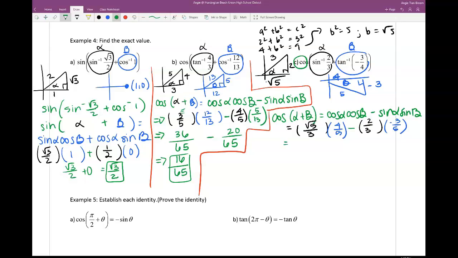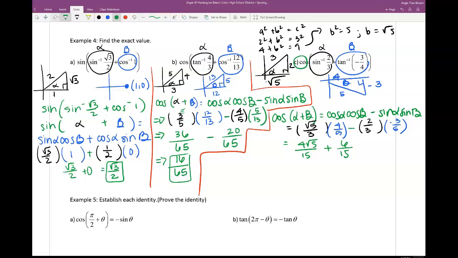And now we just have to multiply it out. This is 4 rad 5 all over 20. A negative times a negative is now a positive. A positive 6 over, why am I saying 20? 15. See how I can't multiply? I can't add, I can't subtract. So this is 15. Well, the denominators are the same and the numerators we can't do anything with.